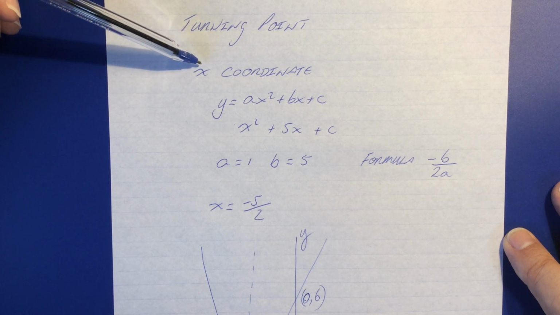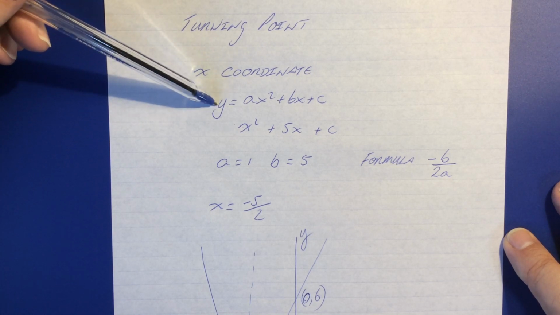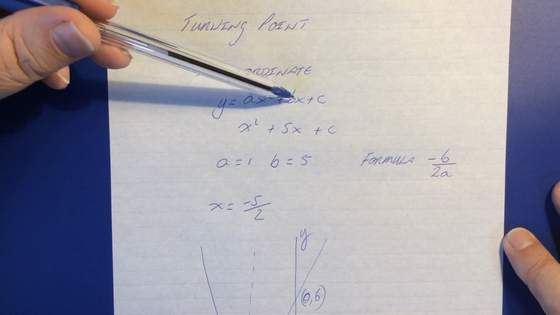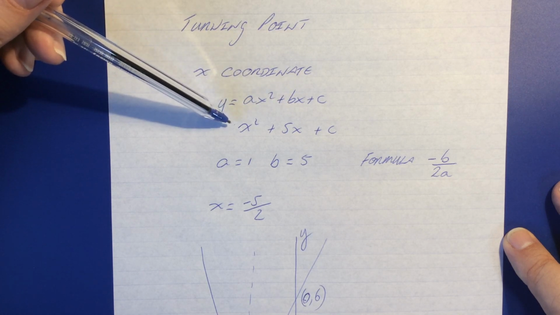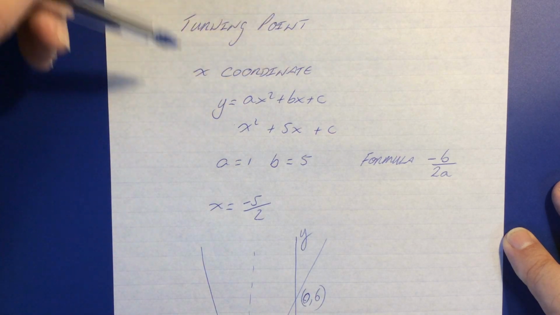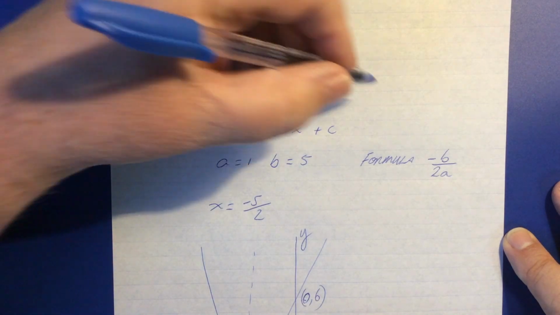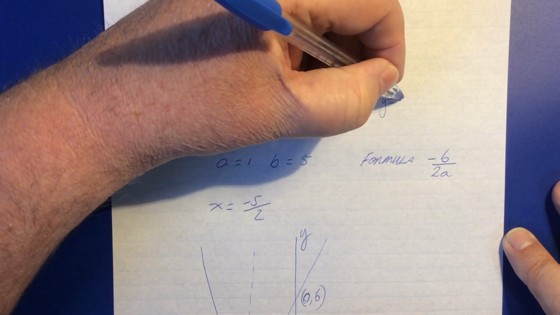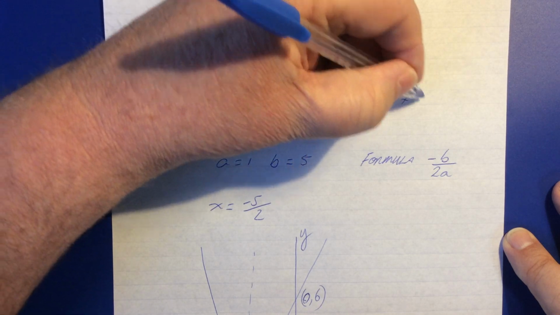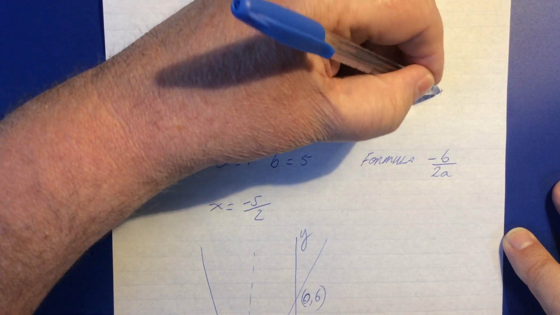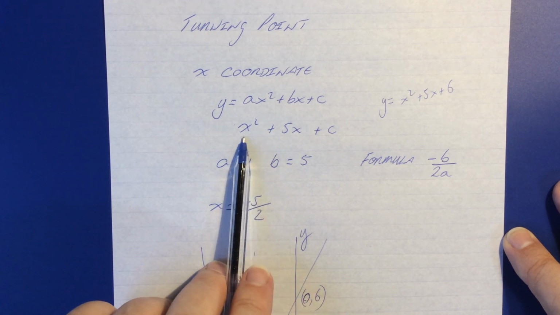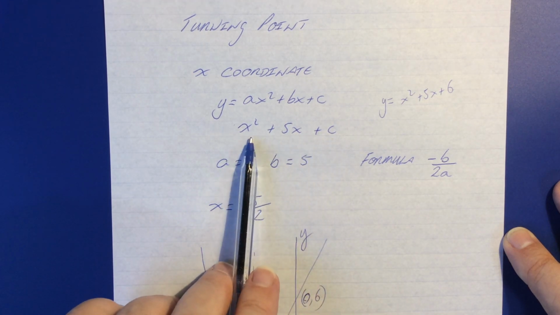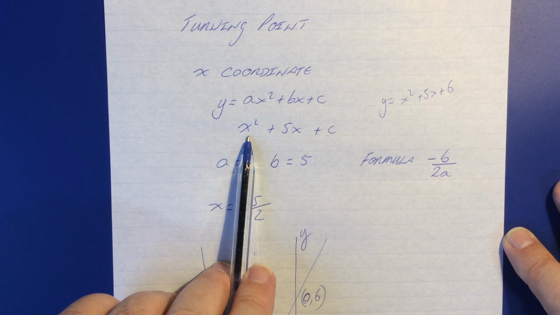Now, our equation is in this form, and we have our original equation, which is y equals x squared plus 5x plus 6, and I've sort of rewritten it here. I've rewritten the stuff that's of interest to us.